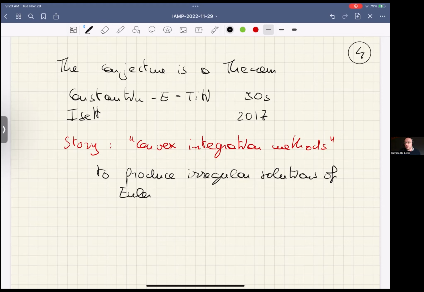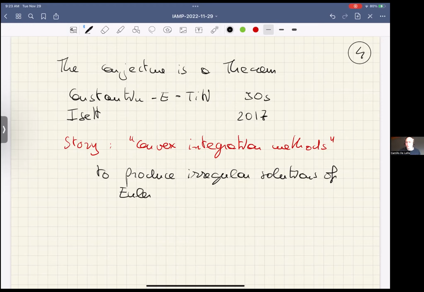And by solutions of Navier-Stokes, I mean solutions which are regular. Because if you want to approximate them with irregular solutions of Navier-Stokes, but very irregular, you can actually use the same convex integration methods, but that's not really what you want to do. And this was done by Buckmaster and Vicol for other, very interesting theoretical reasons.